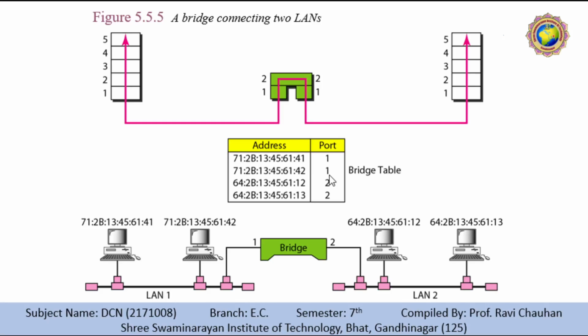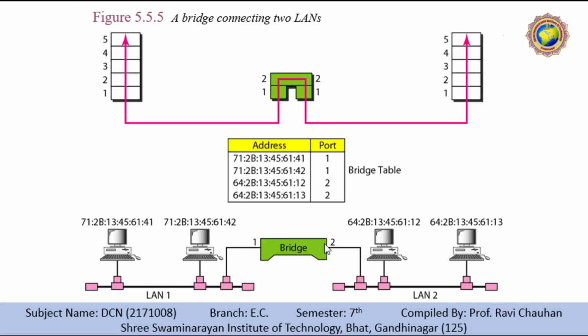On the other hand, if the frame of 41 arrives at port 2, the departing port is port 1, so the frame is forwarded. In the first case, LAN 2 remains free of traffic. In the second case, both LANs have traffic. For our example, we showed a 2-port bridge.